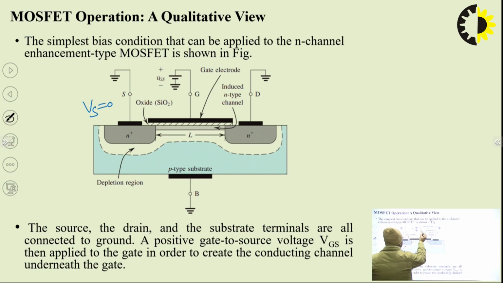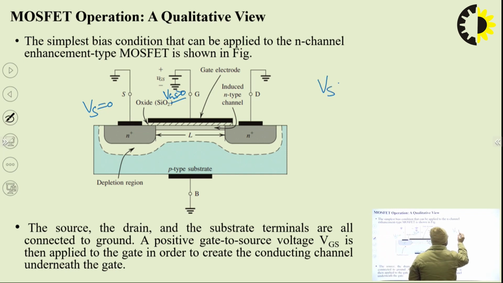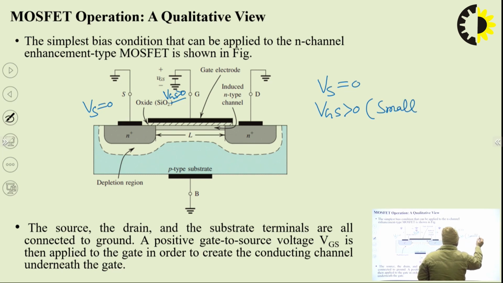Gate terminal is applied a positive voltage, so VGS is positive, gate to source voltage is positive, and drain is grounded. So VS is 0, VGS is positive but small, and VDS is equal to 0.